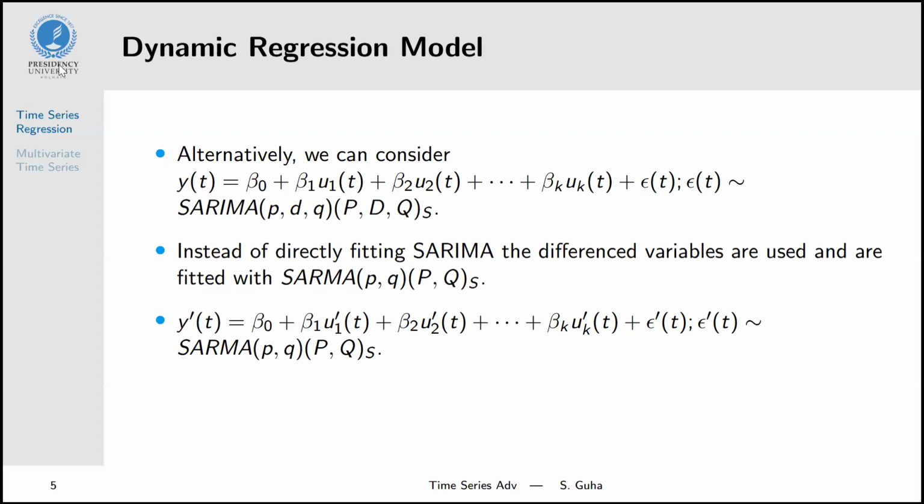Similarly, while fitting this model, you can also perform a t-test to check whether beta 1 is significant, beta 2 is significant, or beta k is significant or not. But that is exactly equivalent to checking whether beta 1 is significant in the original model for the original untransformed data. Doing a statistical test here is the same as doing a statistical test there. So this is how it is actually done.